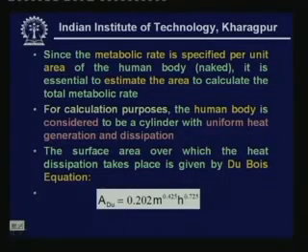For calculation purposes, the human body is considered to be a cylinder with uniform heat generation and dissipation. Actually, the human body is very complex. It is almost impossible to model a human body perfectly. But for calculation purposes, you have to make certain assumptions. In an actual human being, the heat generation takes place in a very non-uniform manner.